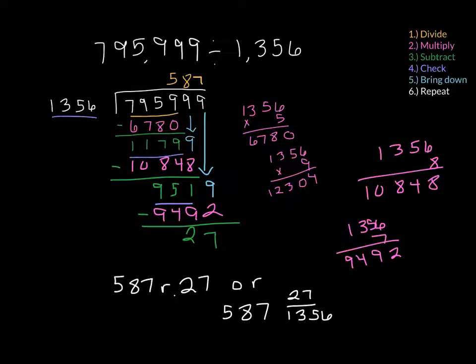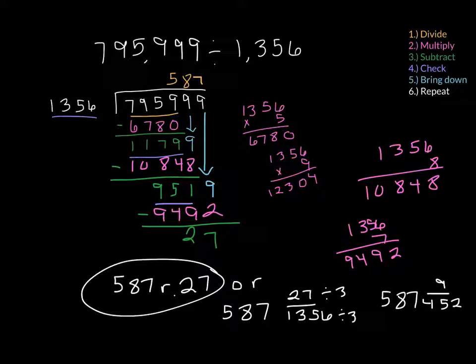Which this can actually be reduced because they can both be divided by 3. So that would be 9 over 452. And that is our final answer.